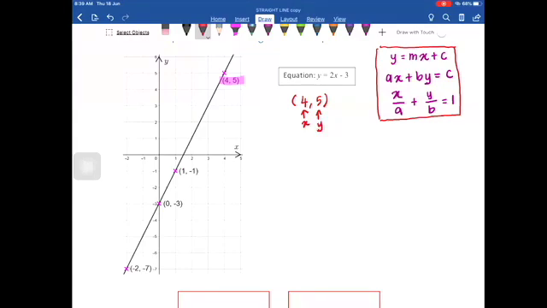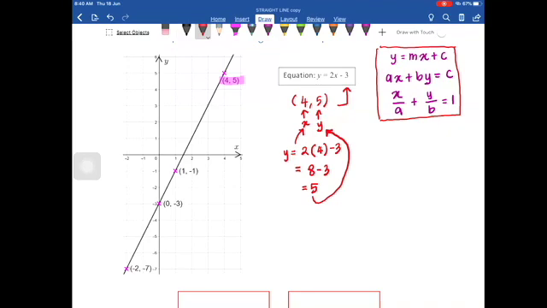Sekiranya saya substitute, menggantikan sama ada x ataupun y, salah satu, bukan dua-dua, salah satu ke dalam equation ini, saya akan mendapat nilai x atau y yang lagi satu. Okay. So for example, I nak substitute nilai x. So y equals to 2x is 4 minus 3. So 8 minus 3, saya akan dapat 5. So saya akan dapat nilai y.